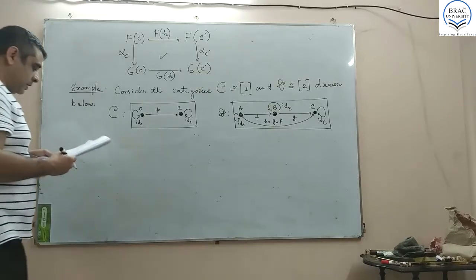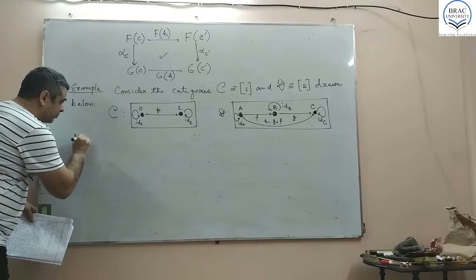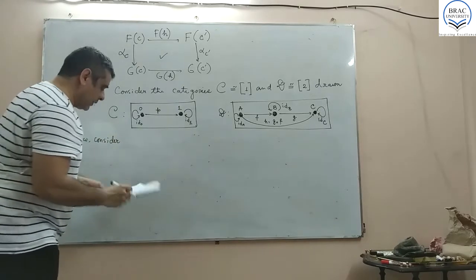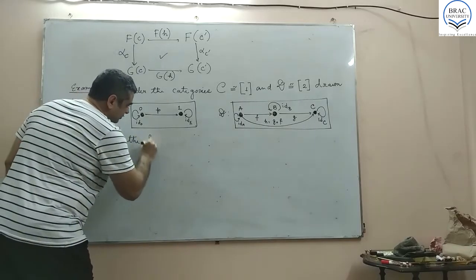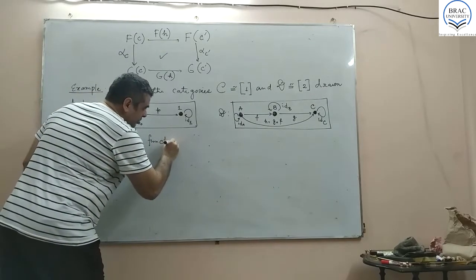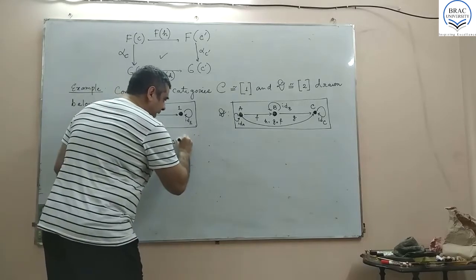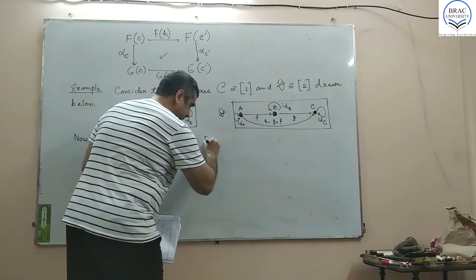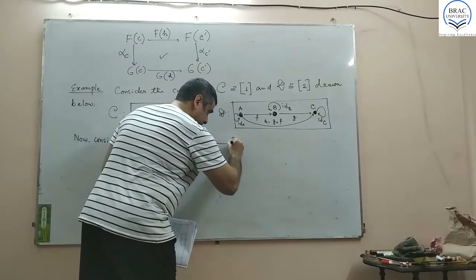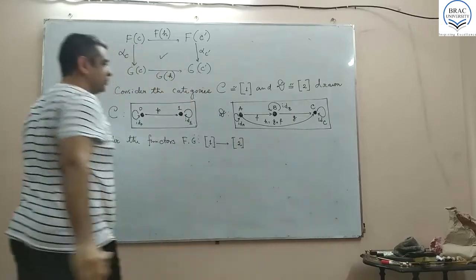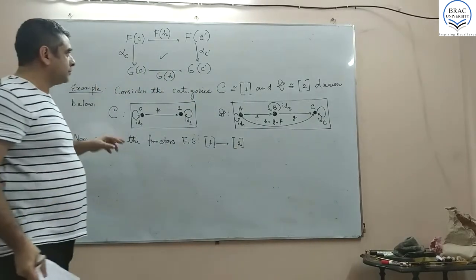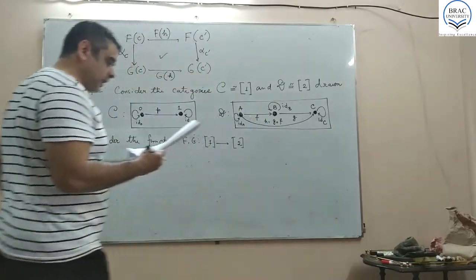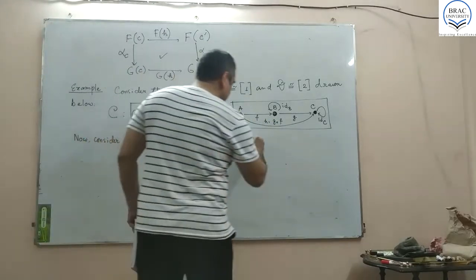Now consider the functors F and G between these two categories. C is the same as 1 and D is the same as 2. We are defining them as follows.